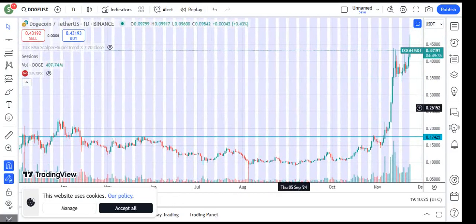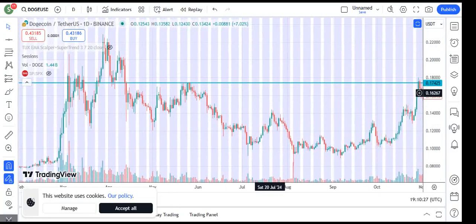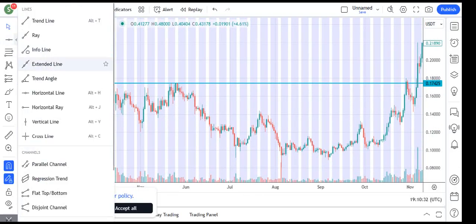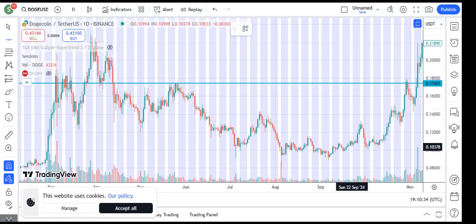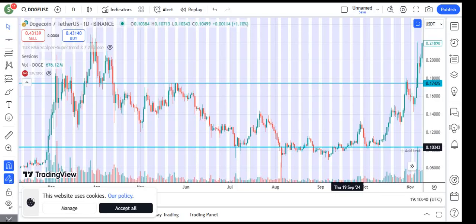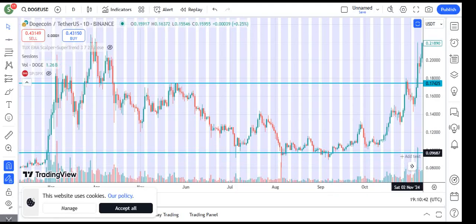That's the resistance. So let's go over to the support. Let's go over to see the support. I'm going to take another horizontal line, which is this. Put it here. And I'm going to drag it. Let's see where that support would lead us.